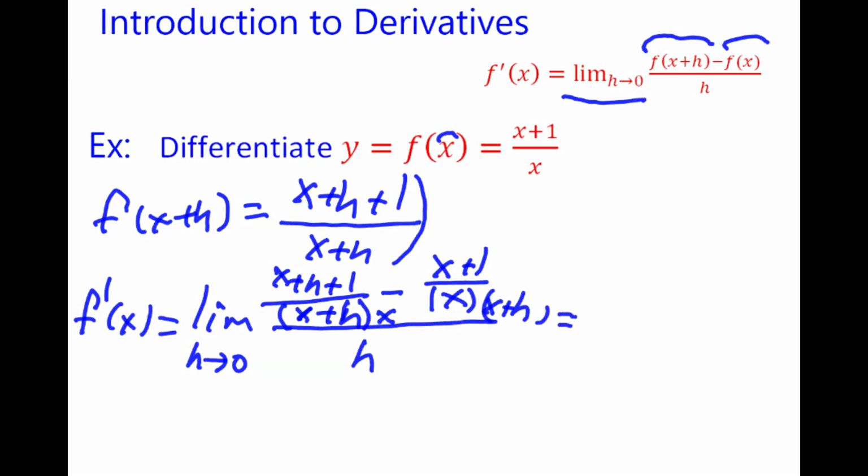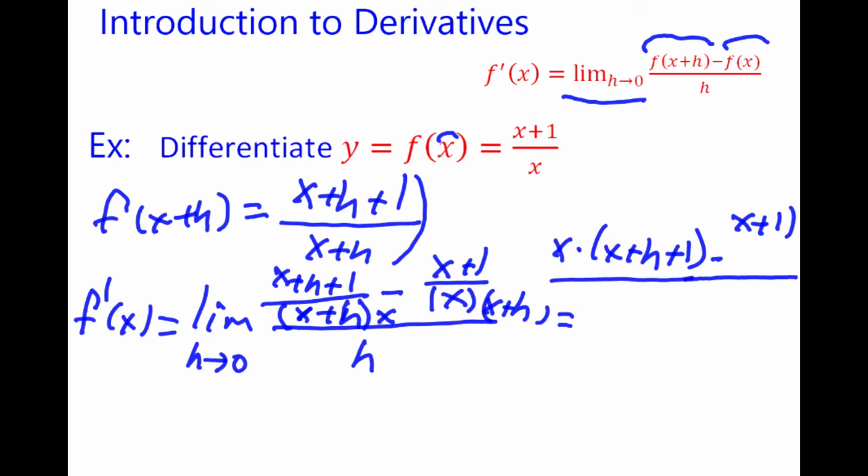So this is going to be equal to x times x plus h plus 1 divided by, actually the denominators are the same, so I'm going to extend this, minus x plus 1 times, suppose this is a multiplication, x plus h, divided by x times x plus h, divided by h. If you divide the whole term by h, actually, let me write it first. In the next step, I'm going to put this h right over here.